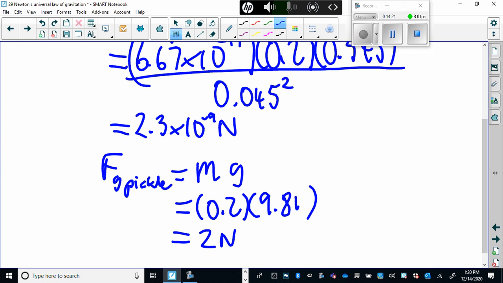That is not a huge amount of force, but it is infinitely bigger than the force attracting the pickle to the sandwich. So the force of Earth pulling down on the pickle is much, much bigger than this force here, and that's why the pickle and the sandwich are not moving toward one another.